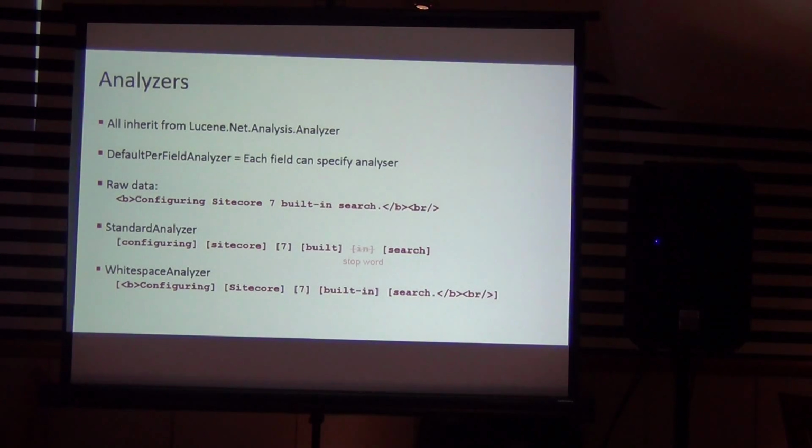In my second example here with the standard analyzer, you can see one of the words is being removed from the raw data. And then it will tokenize the string. So I'll put little brackets on to symbolize the tokenization. And you can see there's a big difference in how, for instance, a standard analyzer and a whitespace analyzer will change and persist the data in the index.